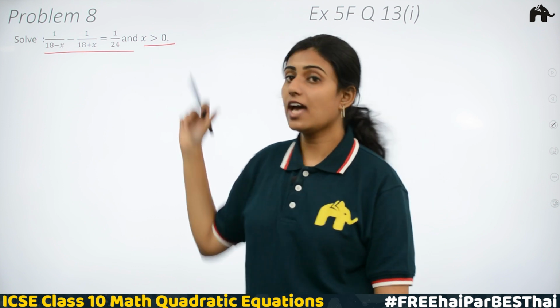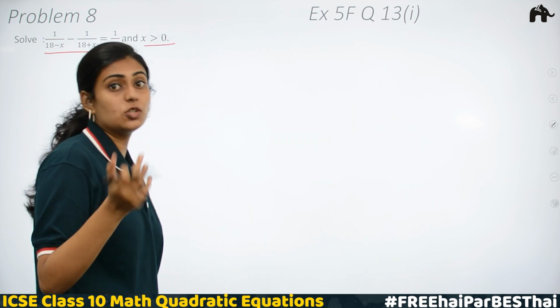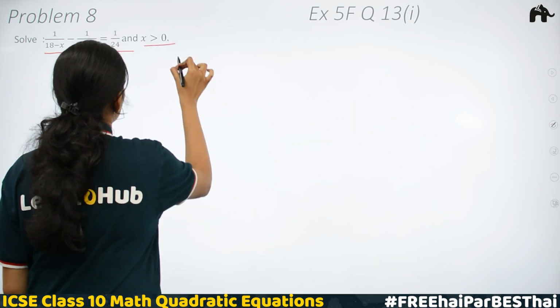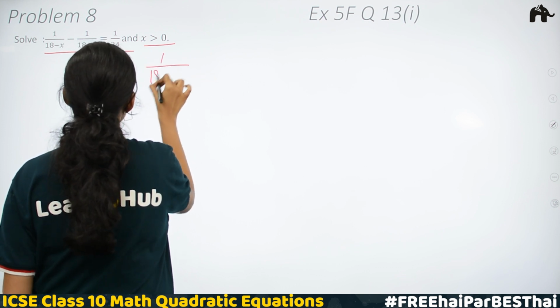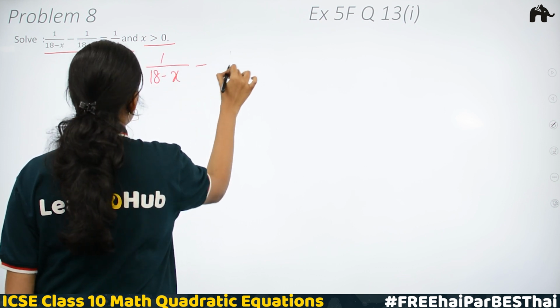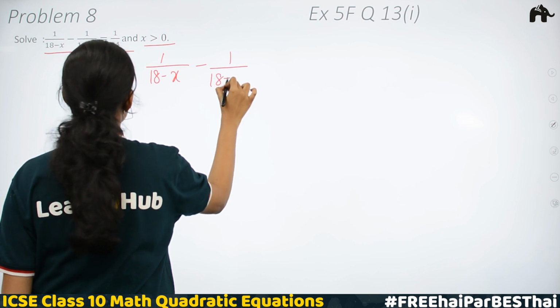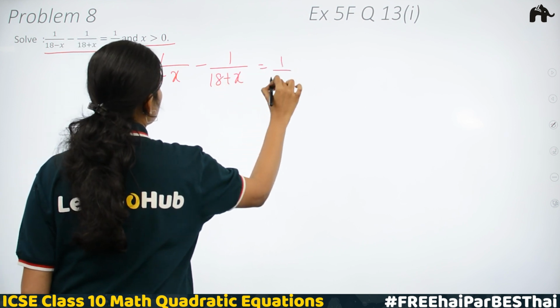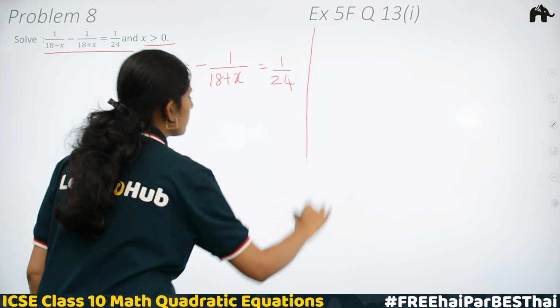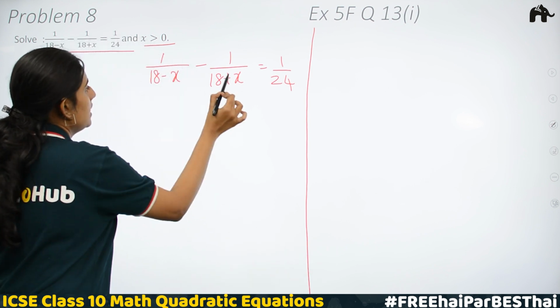Let's solve this. Here we have the fraction form. We have to first change it to the quadratic form. 1 by (18 minus x) minus 1 by (18 plus x) is equal to 1 by 24. Taking LCM.